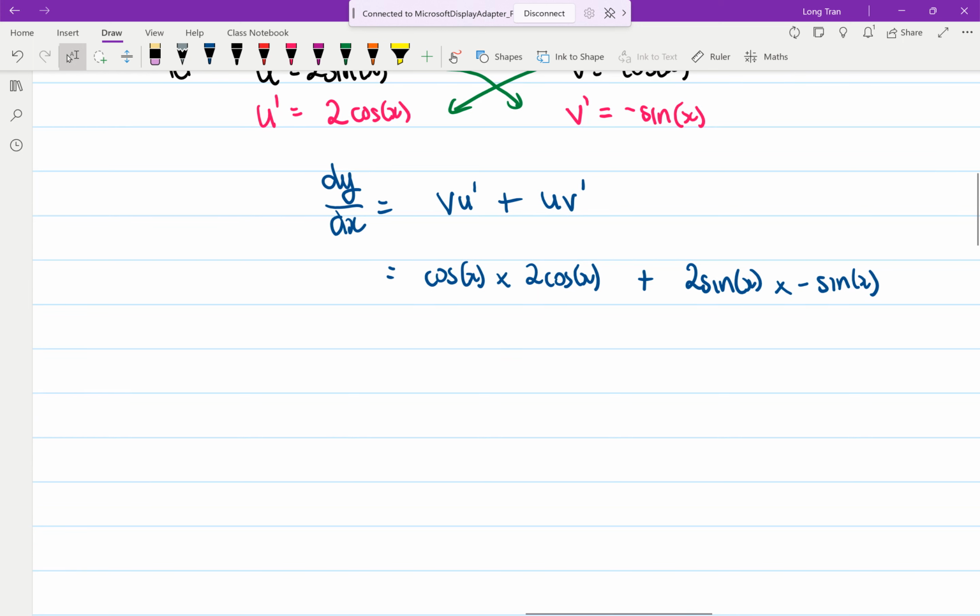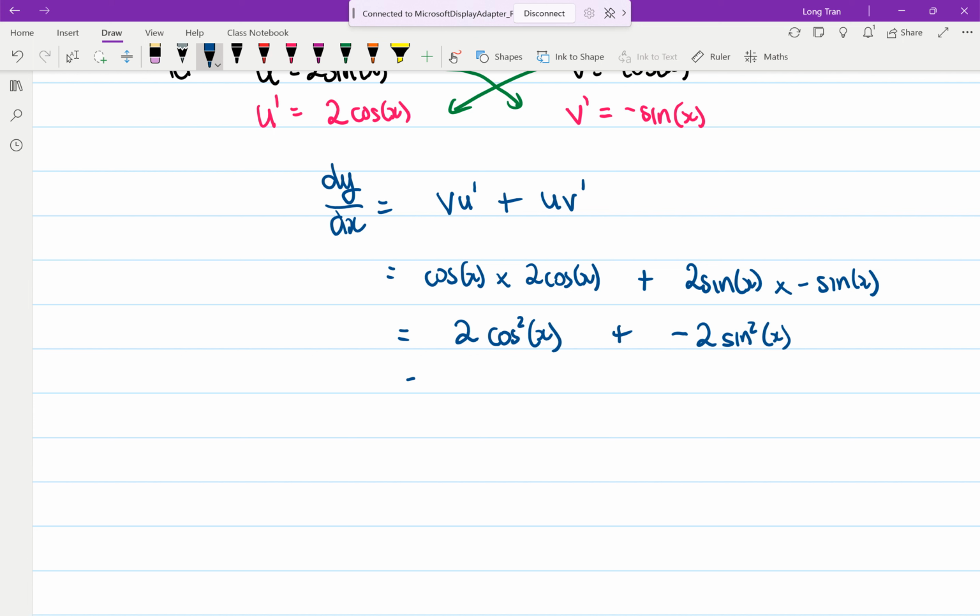Technically, up to this step, you are correct. There's nothing wrong at this step. In year 12, you should be simplifying this as much as possible. So I can see that this is going to be 2 cos x times cos x. You can write it as cos squared of x, which just means cos of x squared, plus this is now minus 2 sine squared of x.